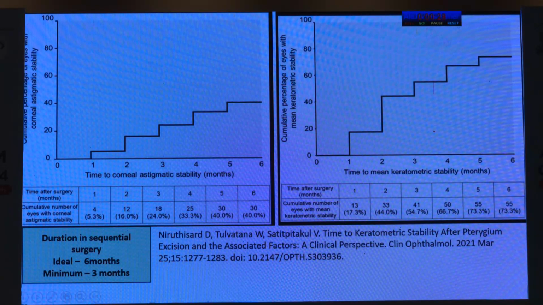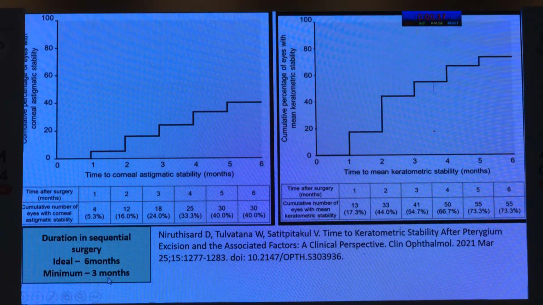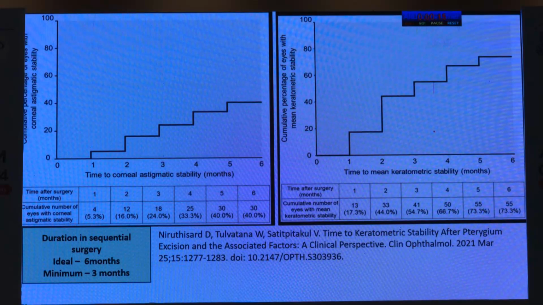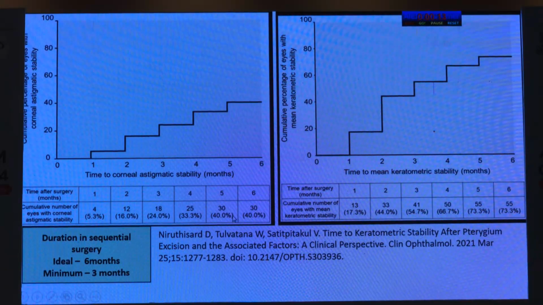So if we are planning a monofocal or non-toric intraocular lens, the ideal time is 3 months. But if we are planning for a premium IOL or a toric IOL, we have to wait for 6 to 12 months.